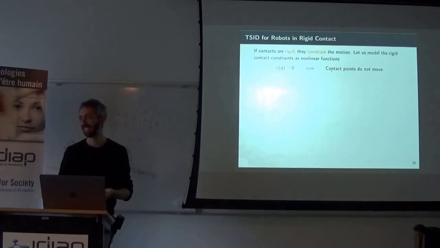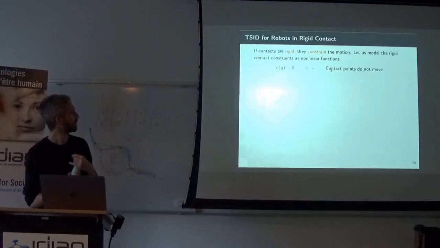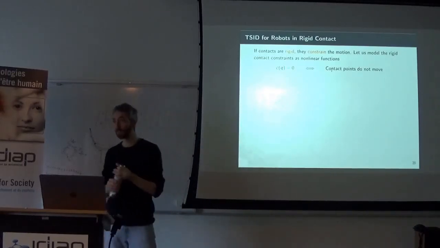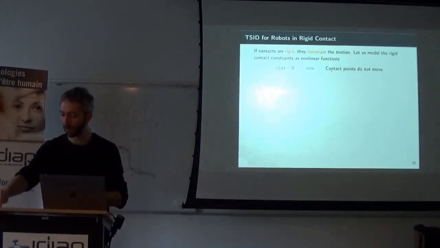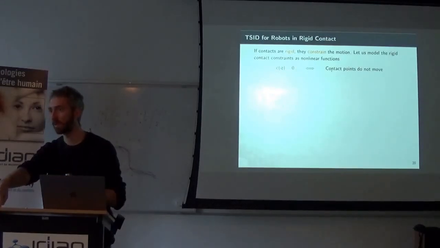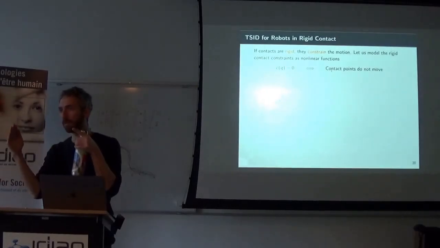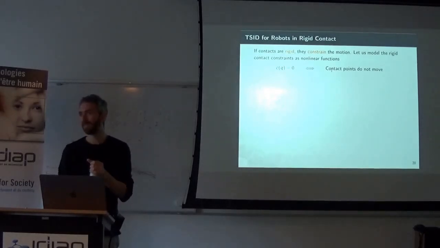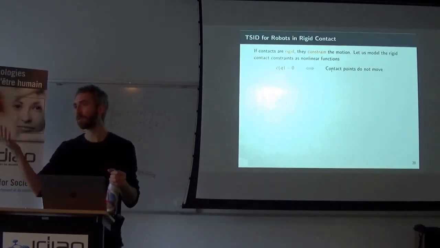So the C function can take on value of 0 and positive real numbers? So the C function is how you define your constraint, and actually what's inside that C function is simply that the position of my contact point on the robot is equal to the position of the contact point in the environment. So the two things should stick together. They cannot separate. If it's non-zero, it means you're violating the constraint, which means that you broke the contact, but without wanting to.